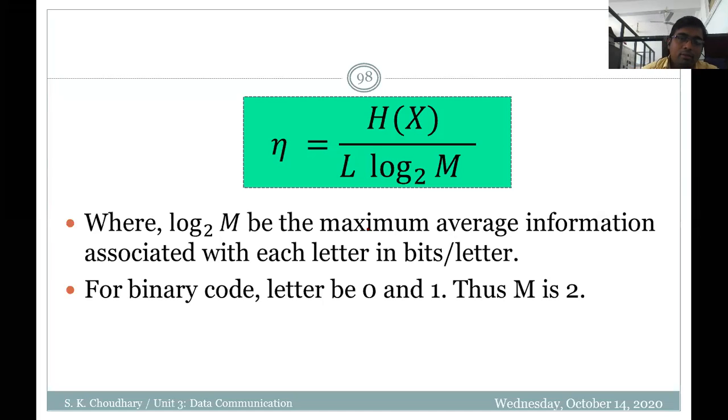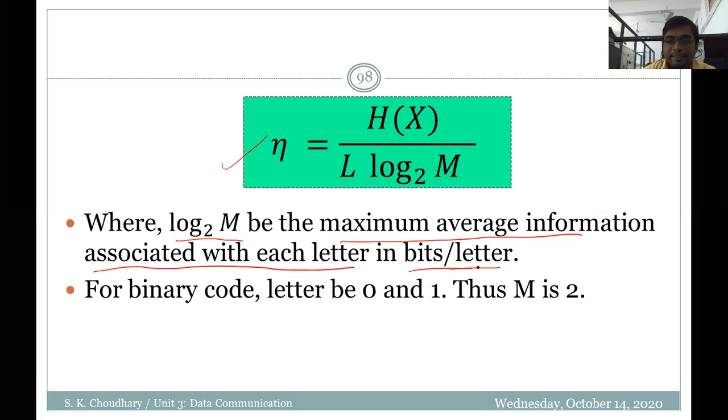Or conclusively, you can only refer to this formula: eta is equal to H(X) upon L into log base 2 capital M. Here the log base 2 M is what? It is the maximum average information associated with each letter, and its unit is bits per letter.